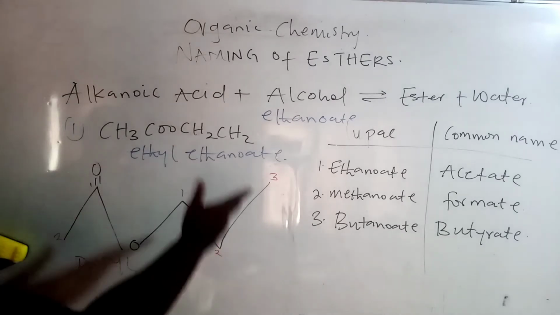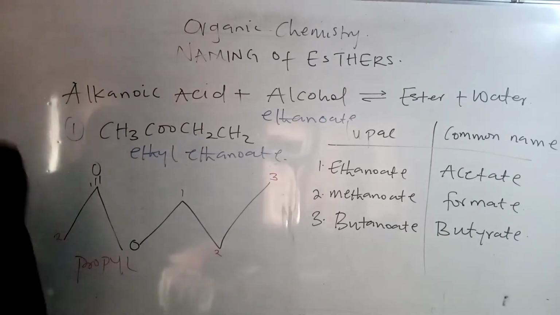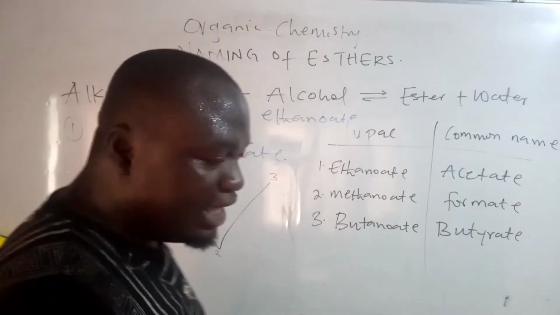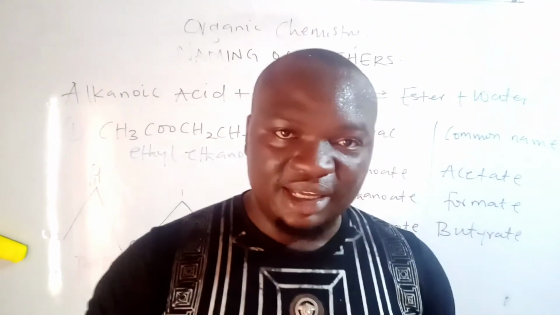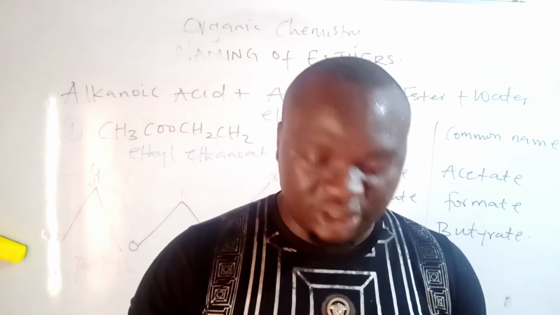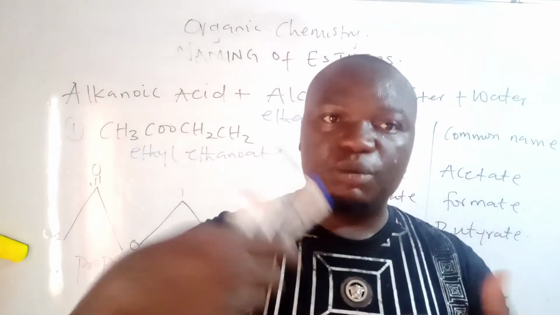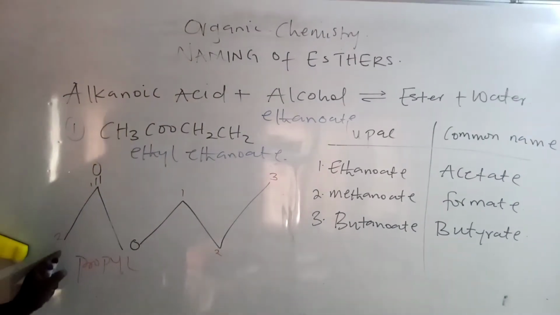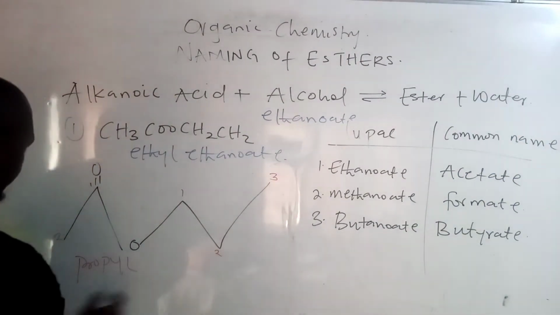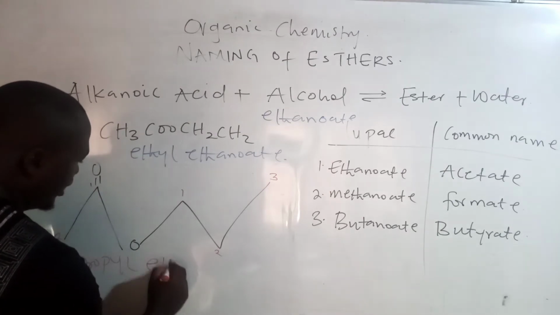Propyl ethanoate, because it's carbon number 2. Remember, under the alkanes, we said when there's carbon number 1, it is called methane. Carbon number 2, ethane. Carbon number 3, propane. Carbon number 4, butane, and so on. So now, this is just 2 carbons here. So the name is propyl ethanoate.